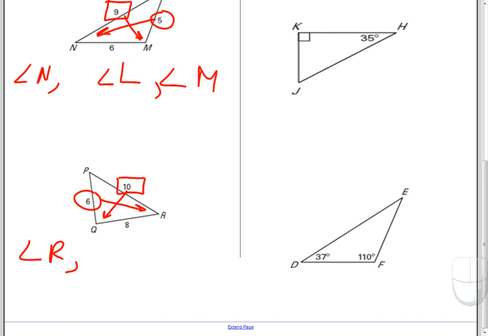Big, big. All of those were angles, and I used one letter because it was obvious what angle I'm talking about when I say R, P, and Q. If you've got a more elaborate diagram, you might have to use 3 letters for your angle.